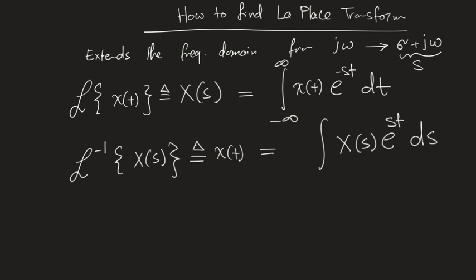Solving this integral falls into the complex analysis domain of mathematics, which is something that most of you, if not all of you, have not studied, neither in college nor before in high school, okay?